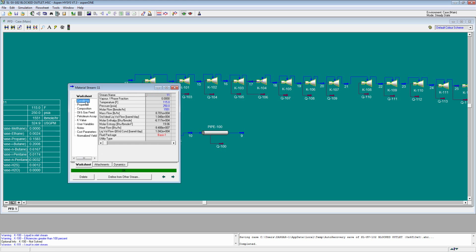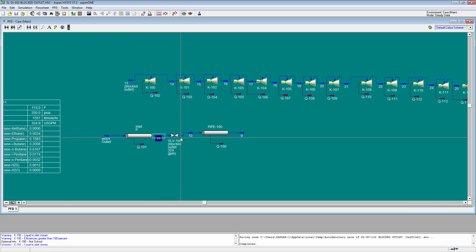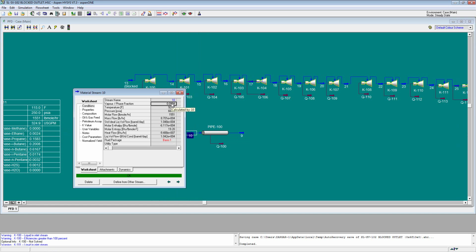If we check the conditions, this stream is liquid and molar entropy is 19.06. This entropy is constant through the isentropic flashes. This fluid flashes as it goes through the PSV, and the outlet stream 10 is a two-phase. All the other conditions and properties are automatically calculated.